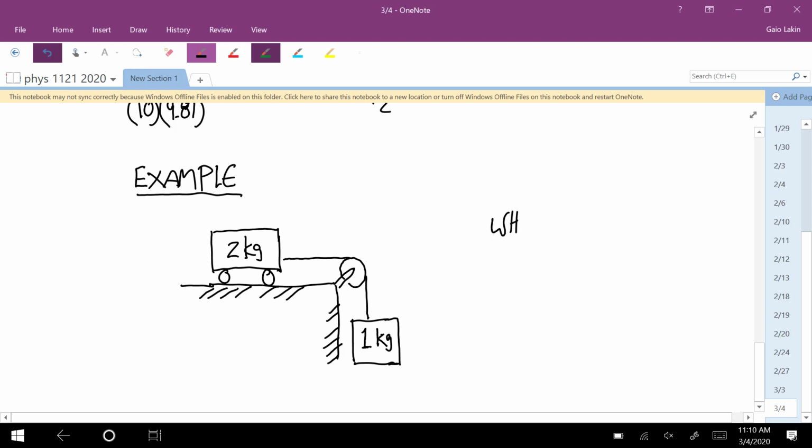And let's say we want to calculate the acceleration of the 2 kilogram cart. And what's the tension in the cable?